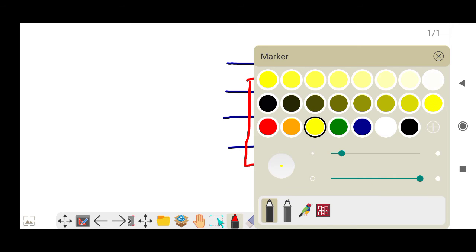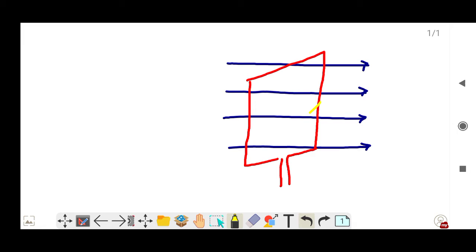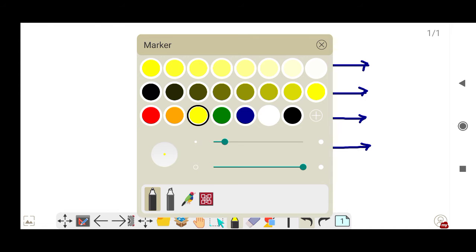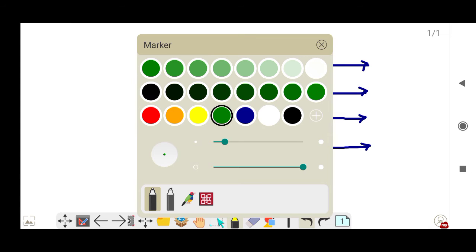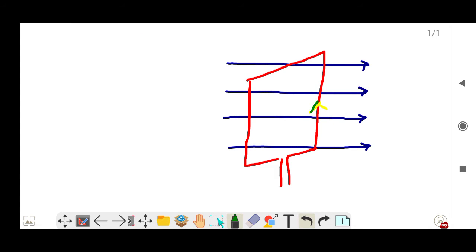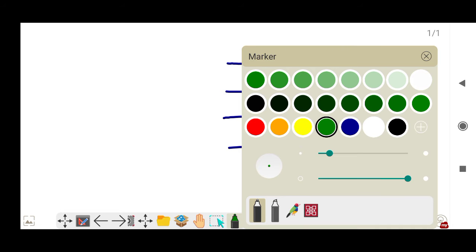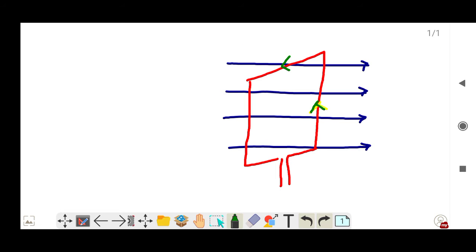Okay, let me assume that this is the direction of current, going in this way, here, here, and here.